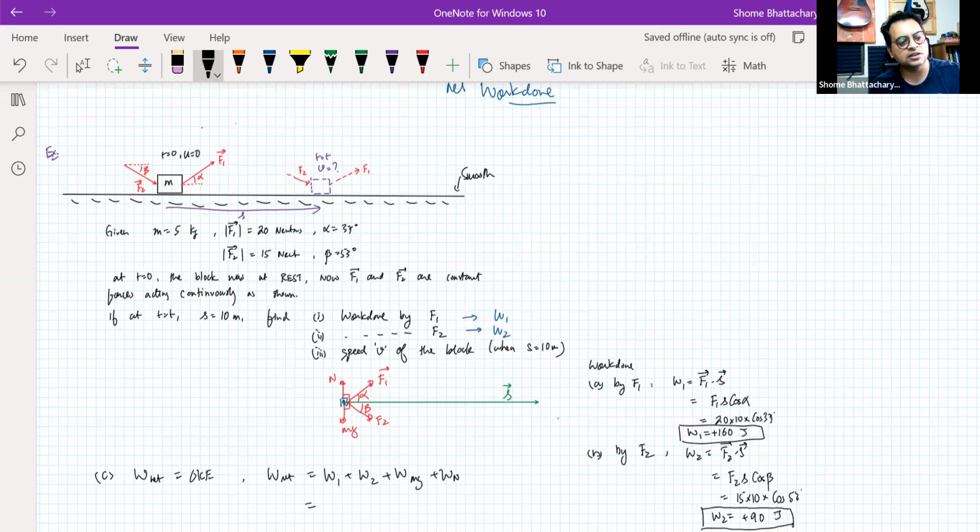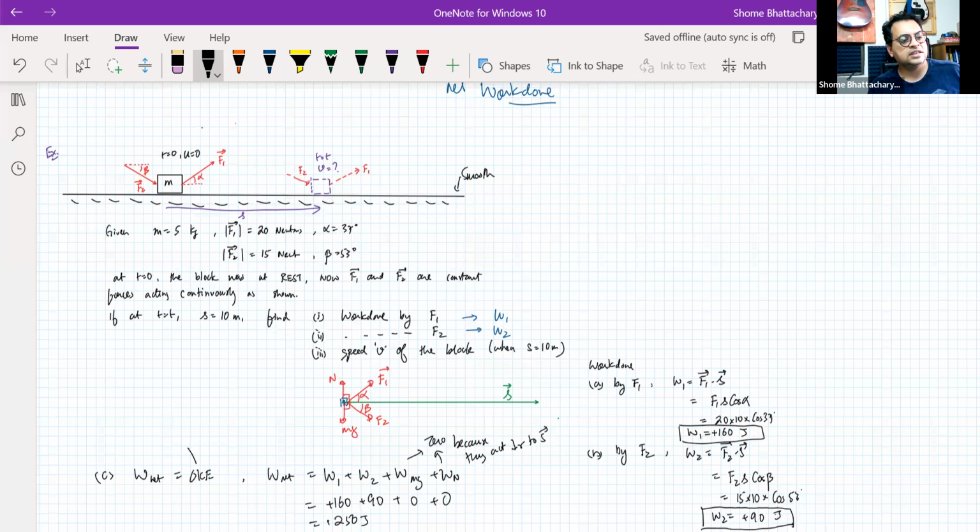But you realize the work done by these two is 0 because they act perpendicular to the displacement. The forces are acting perpendicular to the displacement. So the net work done only is becoming how much? It is 250 joules.